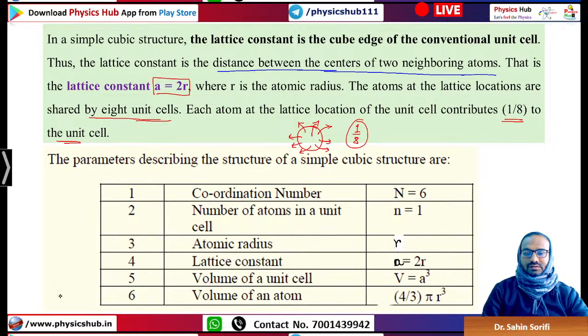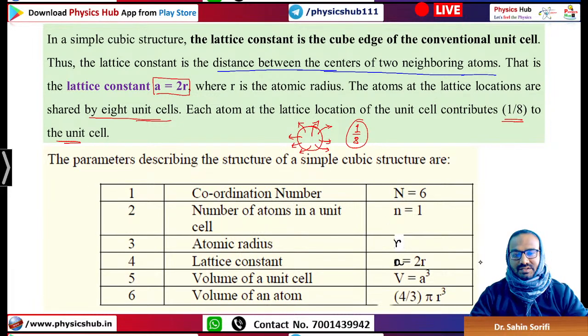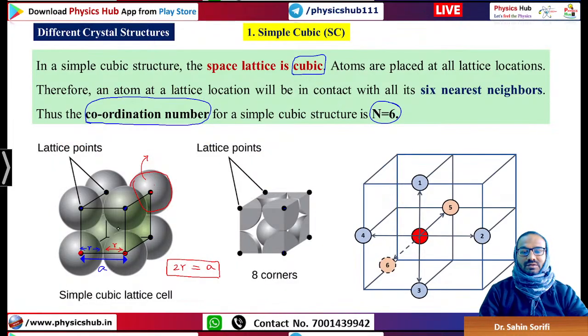Okay. So the parameters describing this simple cubic are summarized here. You can see coordination number equals 6. Number of atoms in a unit cell: only corner atoms exist, so 1/8 into 8, that is 1. That is why n equals 1. Atomic radius r, lattice constant a equals 2r. Volume of unit cell: if you know one side, the volume will be V equals a cube.